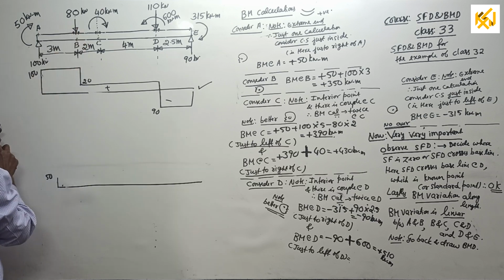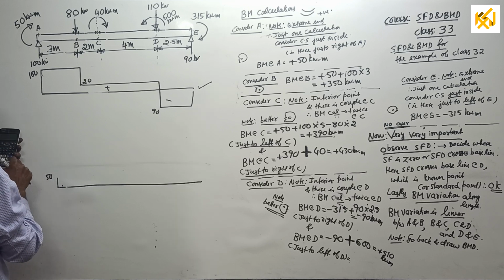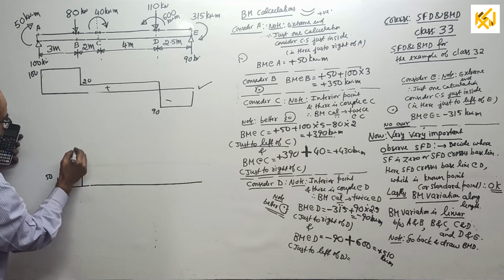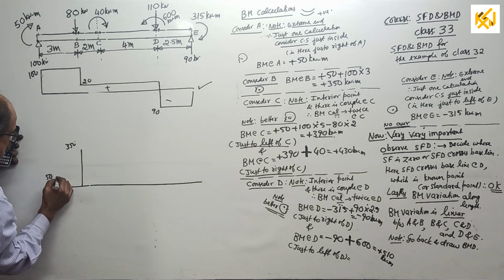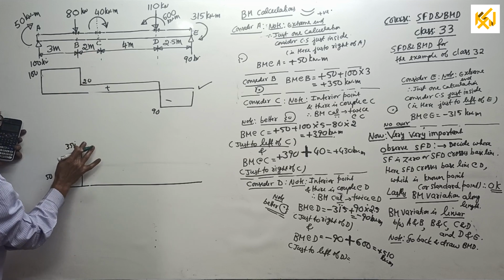Just to left, plus 50 plus 100 into 3. Calculate it now. Plus 50 plus 100 into 3, 350. I will write 350 somewhere here. I will join also. Then straight line. Okay.